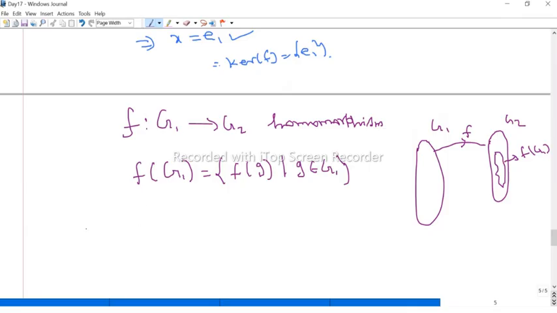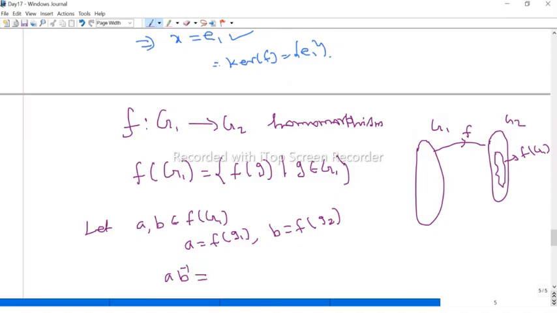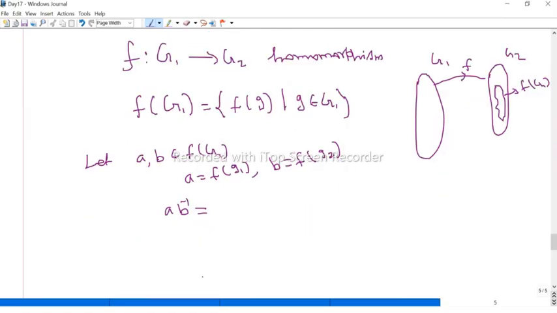So how do we prove this is a subgroup of G2? Again, take two arbitrary elements a, b in f of G1. Since a is in the image, a is of the form f of some g1. Since b is also in the image, b is of the form f of some element, maybe g2. Now we have to show a b inverse is of the form f of something. a is f of g1 and b inverse is f of g2 inverse.